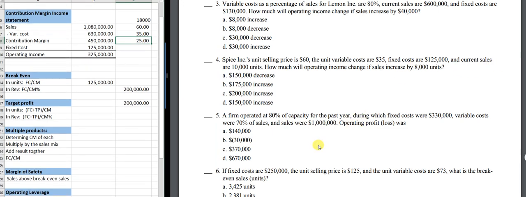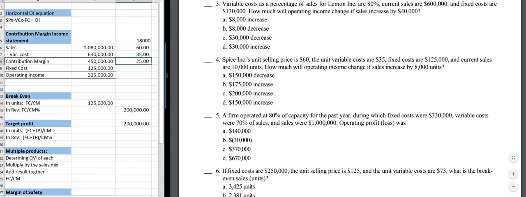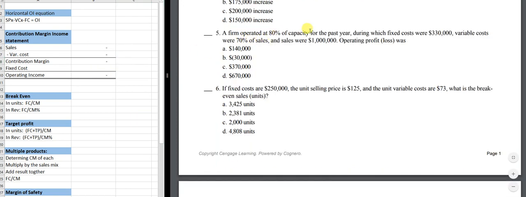Now let's go to number 5. Let me pause this. A firm is operated at 80% capacity, during which fixed costs were $330,000. Notice 80% of capacity. Generally, if it's 100% at capacity and I want to increase sales, I can't. So sometimes, I don't know that I've ever seen this, but you might have a letter D or letter E that says you cannot do it.